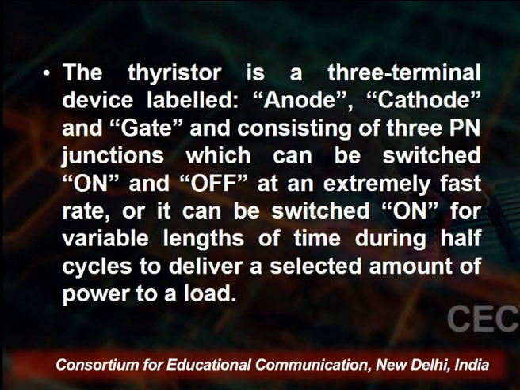We can switch it on and off speedily, and we can control high power current or high power voltage by using this thyristor. It can be switched on for a variable length of time during the half cycle to deliver a selected amount of power to a load.